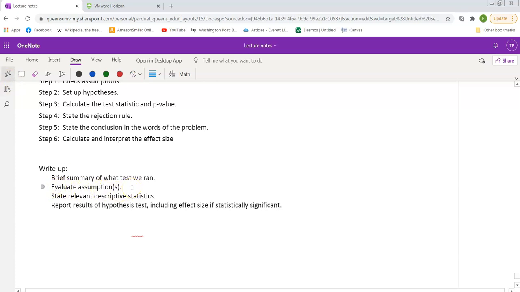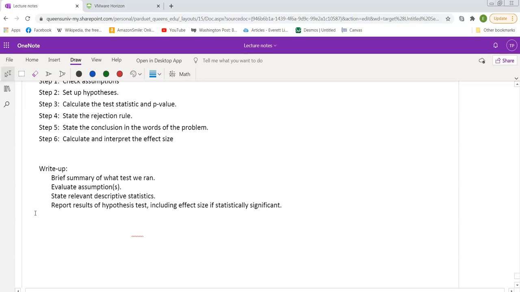Evaluate your assumptions. State any relevant descriptive statistics. Then tell what was the result of the hypothesis test. And if you had a statistically significant test, tell the effect size. Okay?